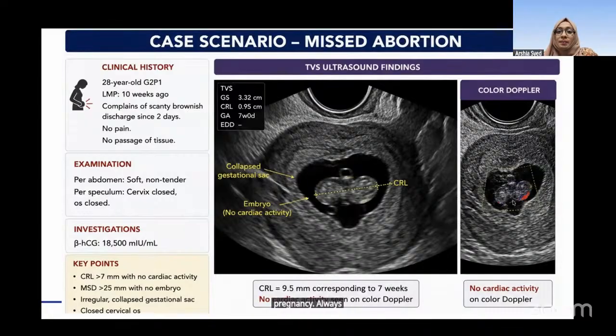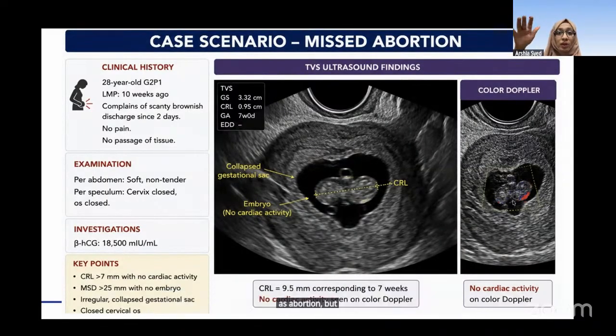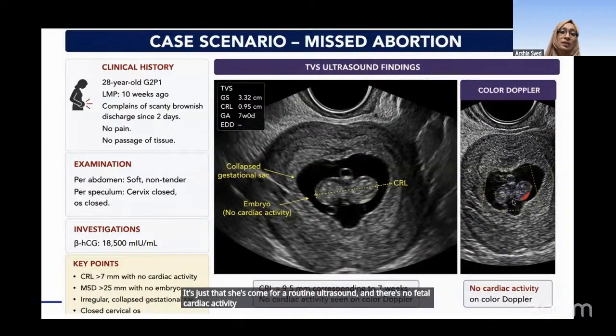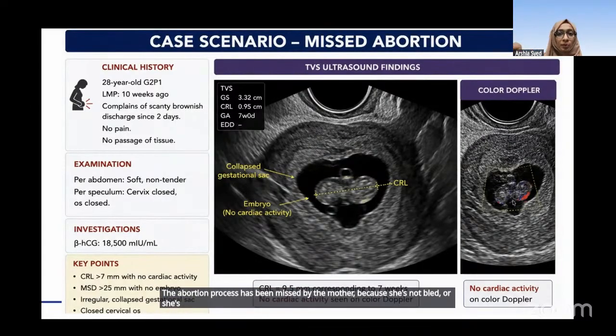Bleeding or pain is what usually hints at abortion, but here all these symptoms are not there. She has just come for a routine ultrasound and there is no fetal cardiac activity. That is why it is called missed abortion, because the abortion process has been missed by the mother, as she has not bled or had any abdominal pain.